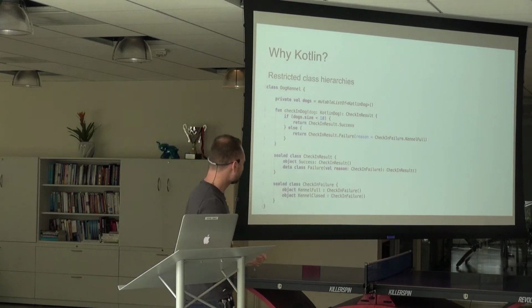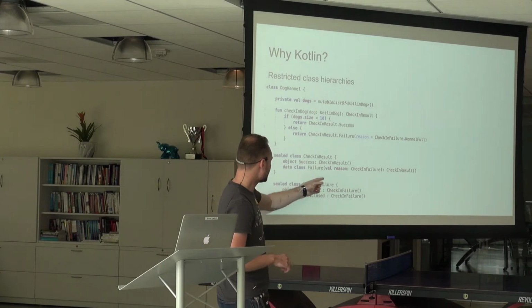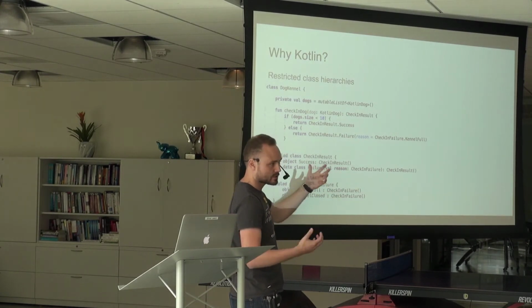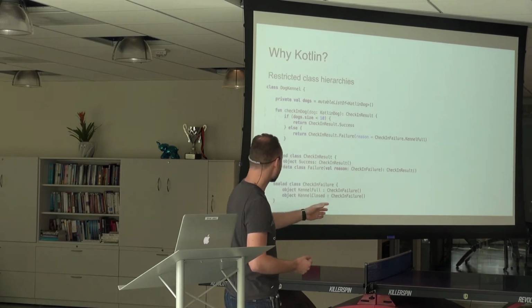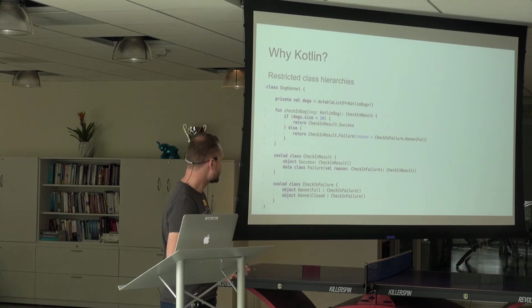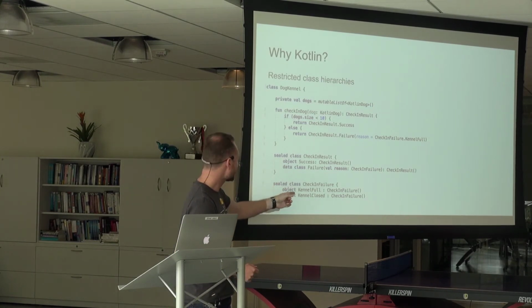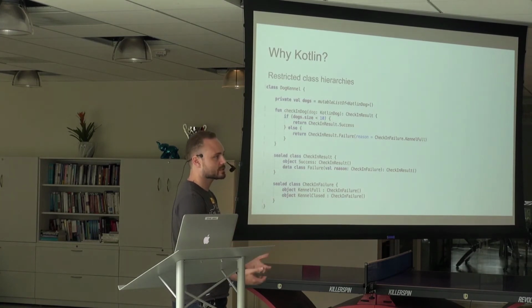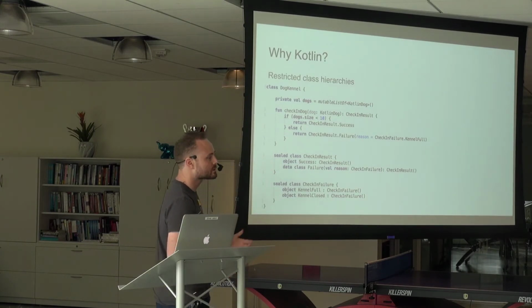And then failure, in order to instantiate it, you need to give it a reason. This is just some data I put together. And in the check-in failure, there's two options that are explicitly declared. One is the kennel is full, and one is the kennel is closed. So it's either going to succeed in checking this dog into the kennel, or you're going to fail for one of two reasons.